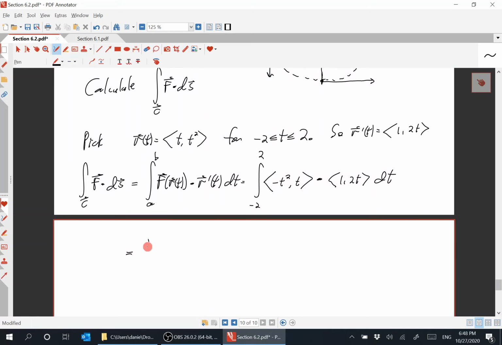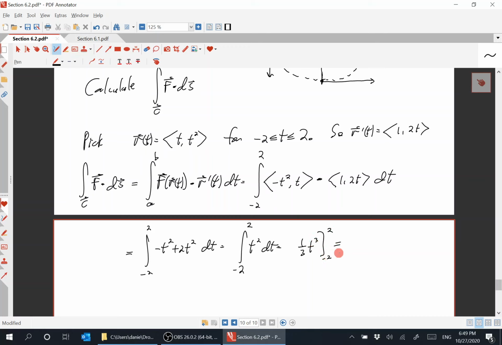Right, so this is equal to the integral from minus 2 to 2. So now we evaluate the dot product. Minus t squared plus 2t squared dt. And it comes out to be something not too difficult. Integral from minus 2 to 2, t squared. So this is equal to 1/3 t to the third from minus 2 to 2.